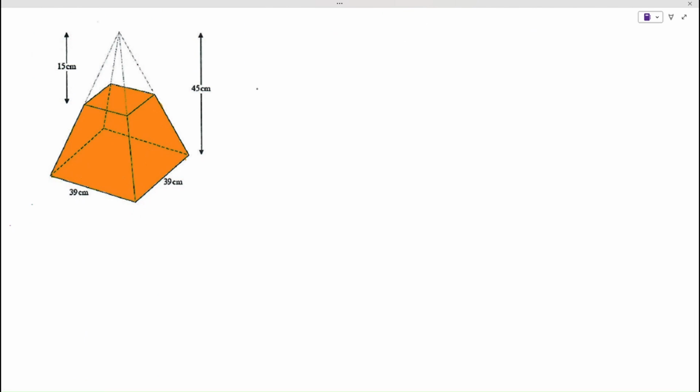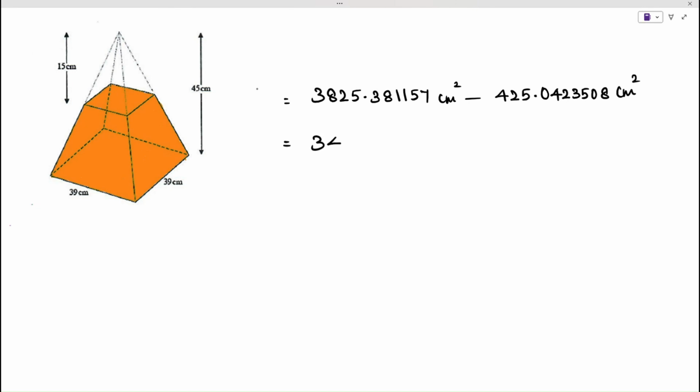So we have 3,825.381157, and from that we subtract 425.0423508, and for that we get our value as 3,400.338806 centimeters squared.